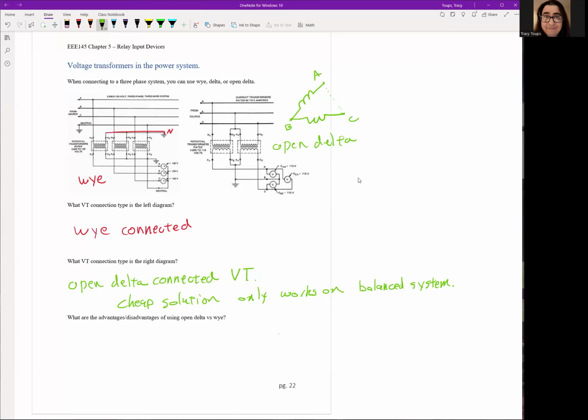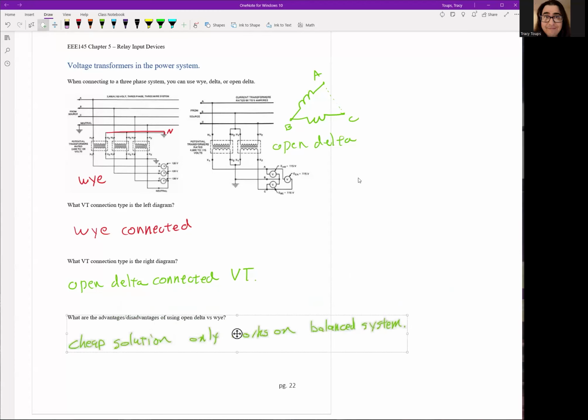Okay. So we kind of said what's the advantage and disadvantage of it. We talked about it: cheap solution. You only have to buy 2 VTs, but it only works for a balanced system. So we get less information, right?